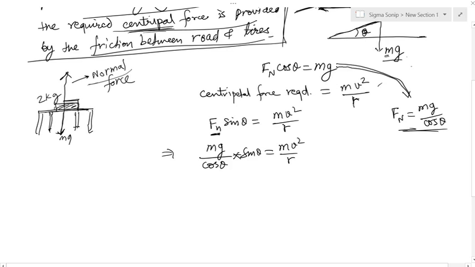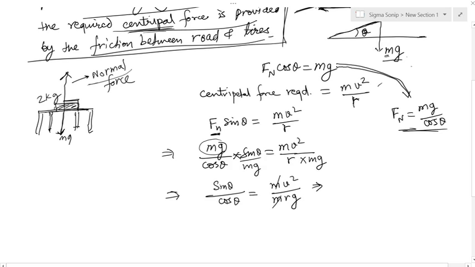I want to keep theta here, so I want to get rid of mg from here, which means I will divide by mg on both sides. So I'm left with sin theta over cos theta equals m v square over m r g. This m will cancel out as well, and sin theta over cos theta becomes tan theta.